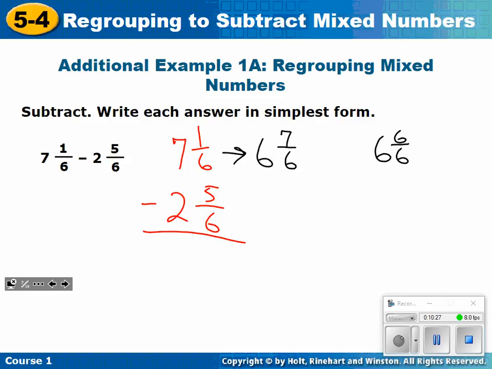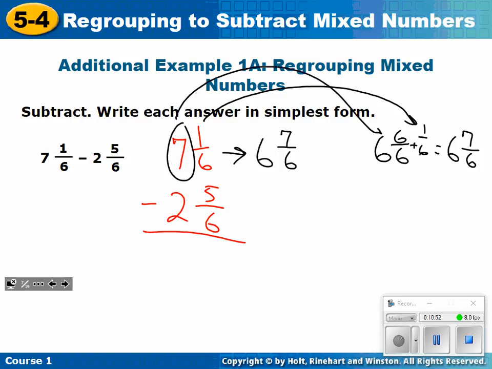And then we had to add, we can't forget about the 1/6. So we come up with a 6 and 7/6. Those of you that were confused, do you see how that worked? We took the 7, we ripped it apart into a 6 and 6/6, and we did not forget about this 1/6 right here. And the 7/6 is this.